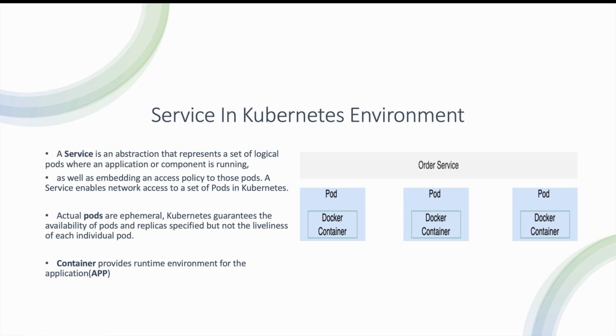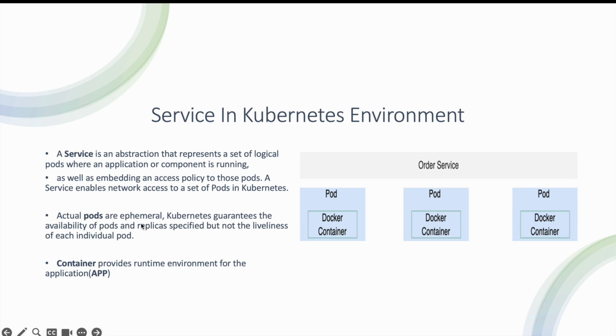That is why a logical abstraction is created in Kubernetes, which is called a service, and that is what we see over here in the case of the order service. A service is an abstraction that represents a set of logical pods. So here the order service is representing a set of logical pods, like this pod, this pod, this pod of the order microservice.